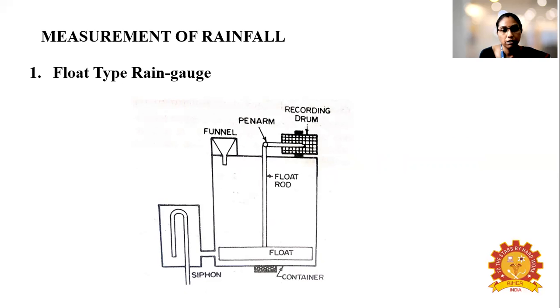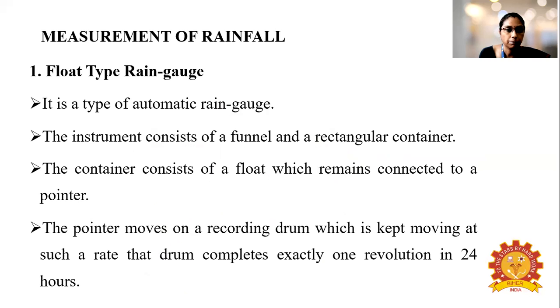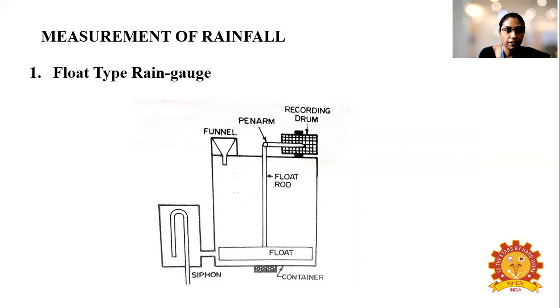Here you have the funnel arrangement and a rectangular container, and in the container you have the float type arrangement, which moves based on the amount of precipitation collected in the container. So the float is connected to a pointer. Here you can see the pointer, pen arm, and you have the recording drum where all the precipitation data are recorded.